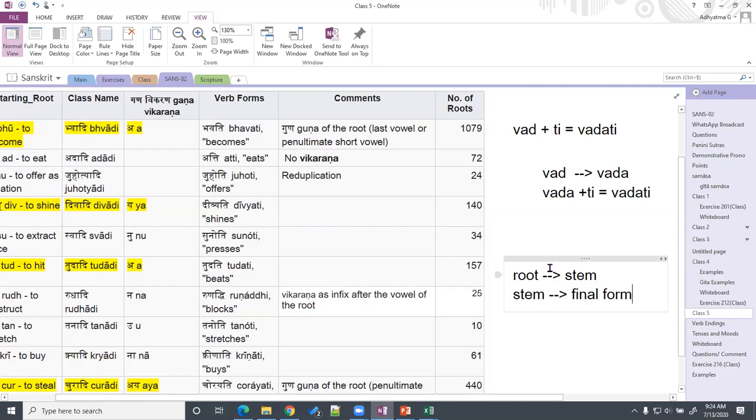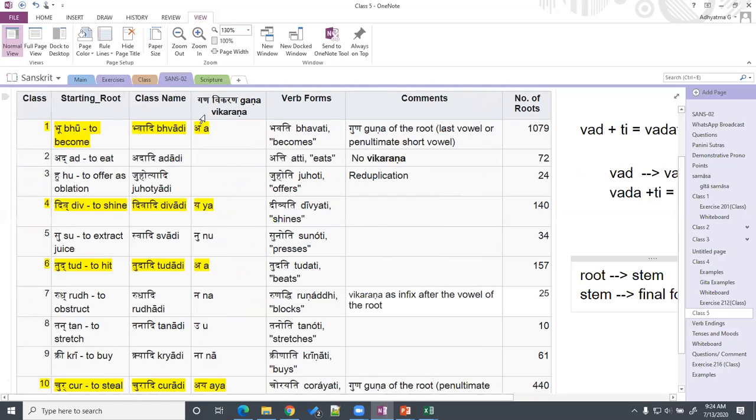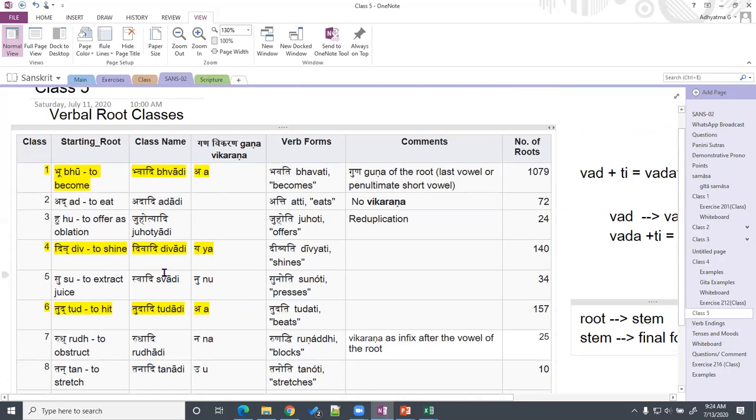Now the logic of how the root changes into stem is the reason why the verbs are classified into the 10 classes, 10 ganas, 10 groups. This verbal classification of roots in 10 ganas tells you how the root gives rise to the stem. That is the main purpose of classifying the roots in 10 classes.